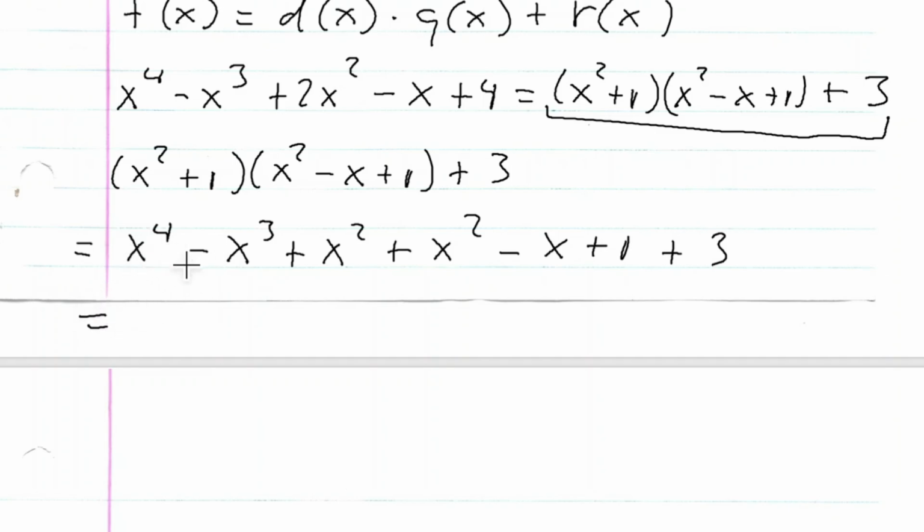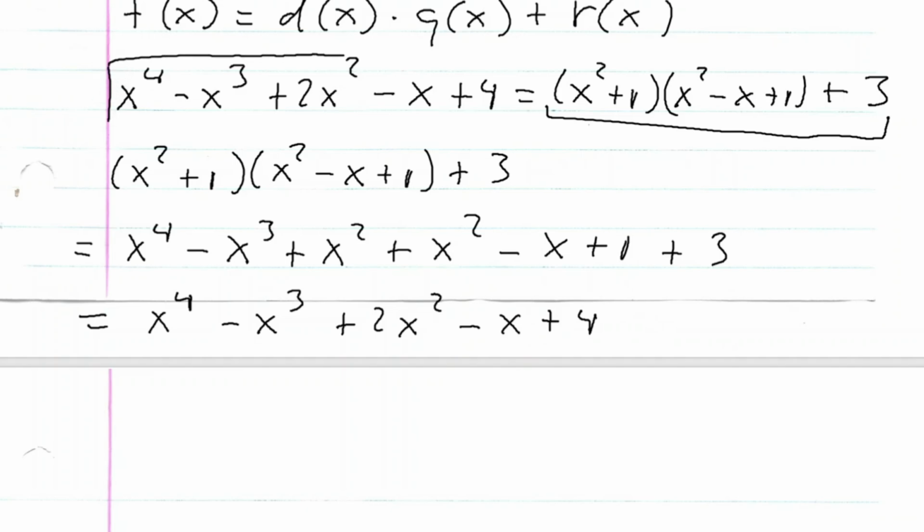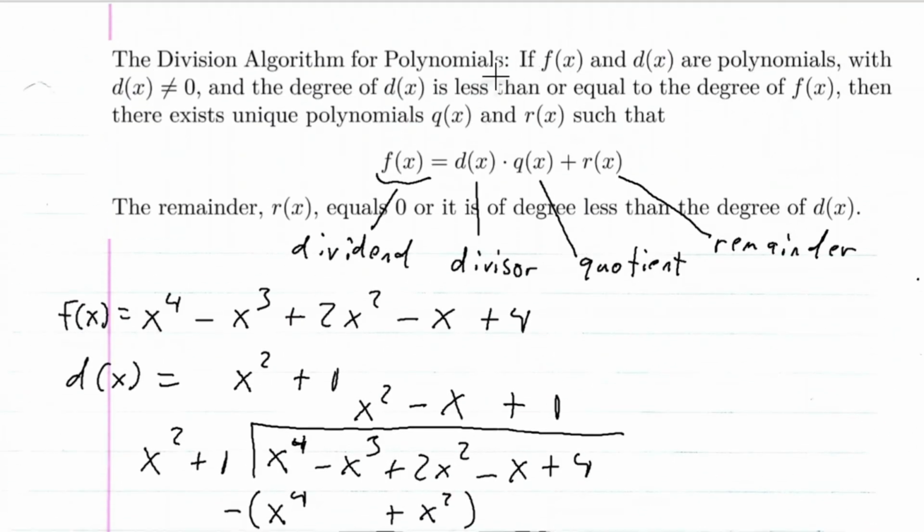And this will give us x to the fourth minus x cubed plus 2x squared minus x plus 4, which is exactly what we wanted, right? So we've shown that using the division algorithm, this polynomial can equal the divisor times the quotient plus some remainder. And this is how the division algorithm works for polynomials.